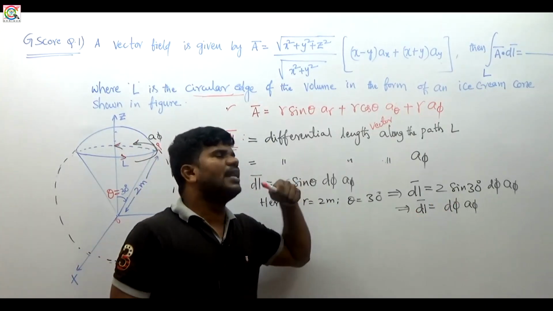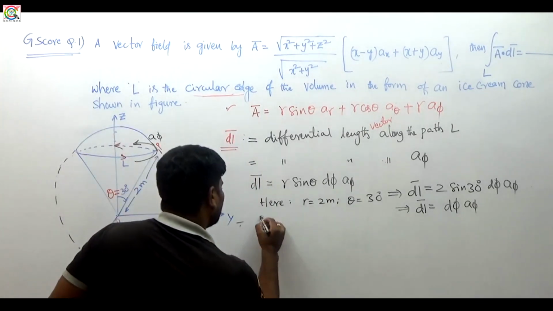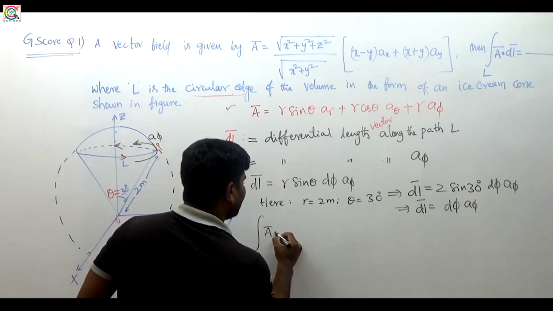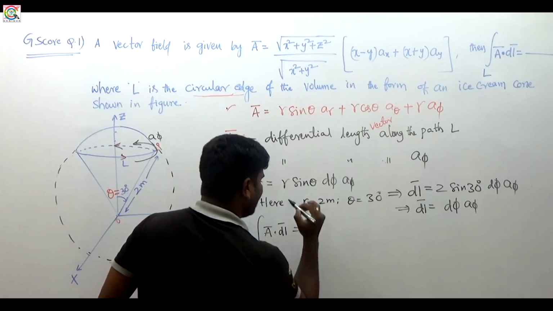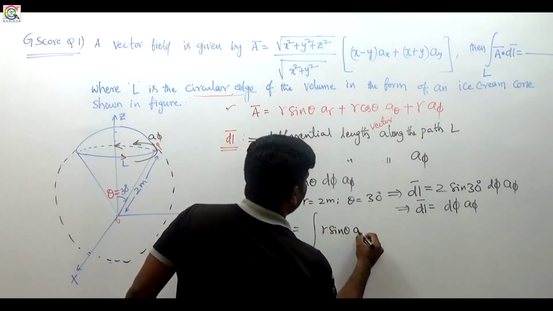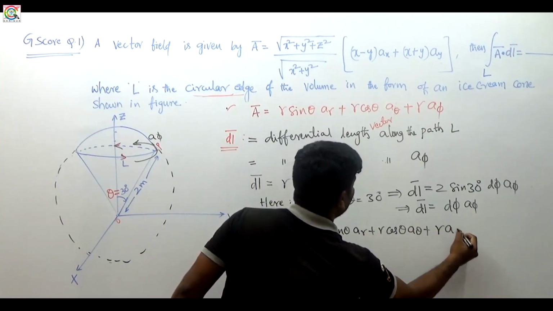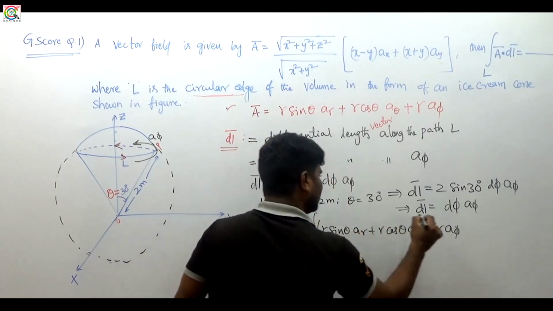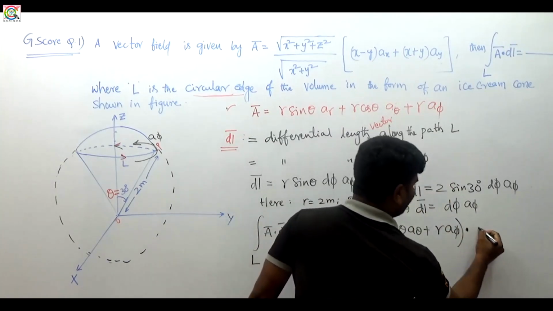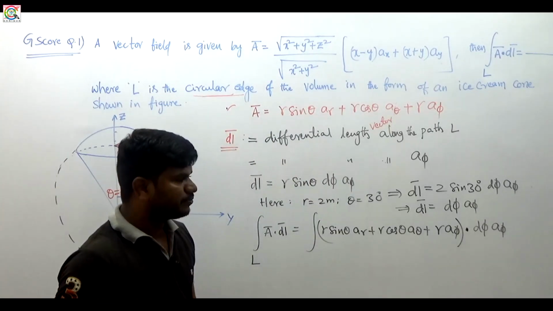So I can happily write the integration required: the integral along the path of A bar dot dl equals, here I have to write A bar, which is r sin theta a_r plus r cos theta a_theta plus r a_phi, dot dl. dl, as we just found, is d phi a_phi.